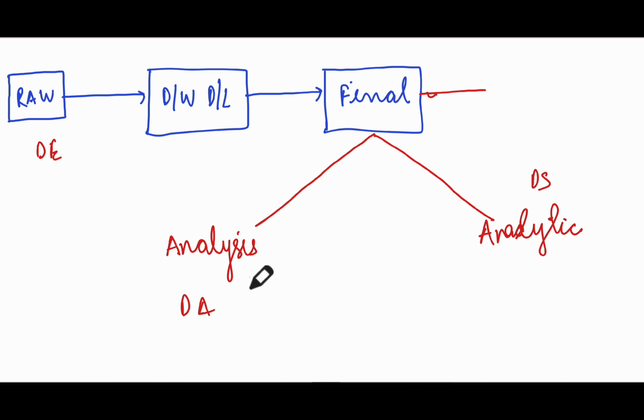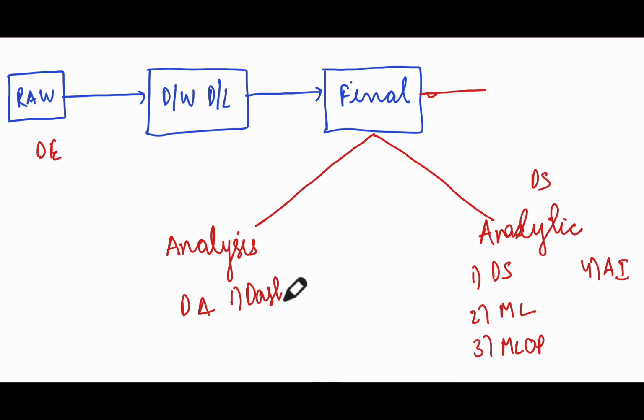What all data analysis do you do? For example, dashboarding and basic ad hoc reporting, whatever we discussed. And in analytics, you do data science, you do machine learning, you do MLOps, and you do AI engineering. And here you do, for example, dashboards, BI development, ad hoc reports, those kinds of tasks.